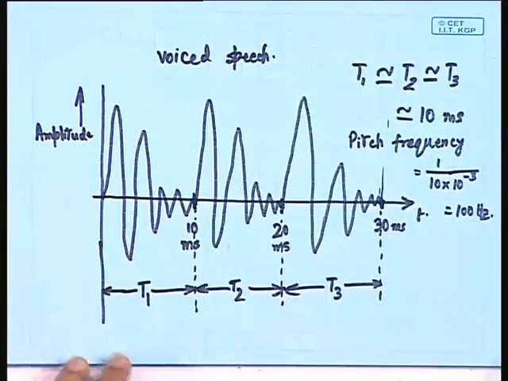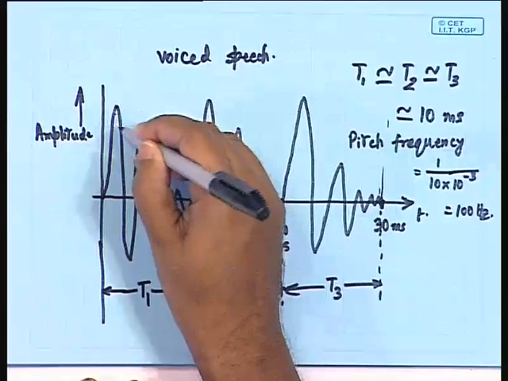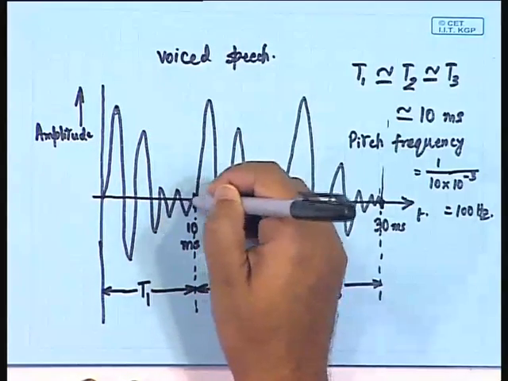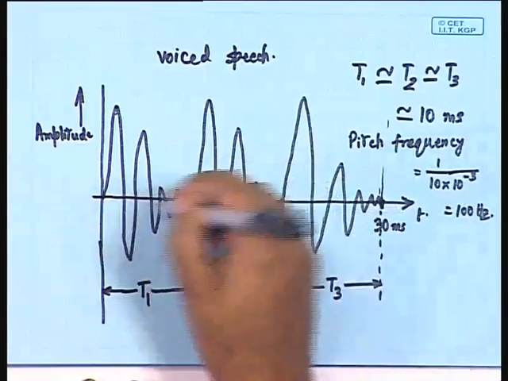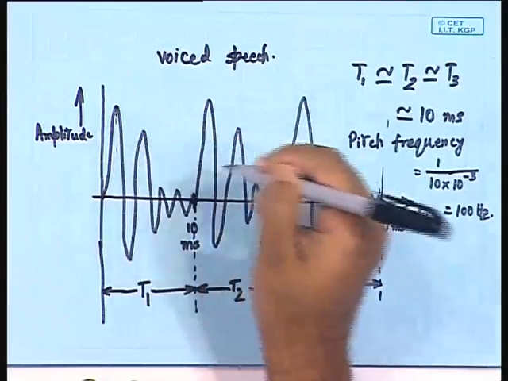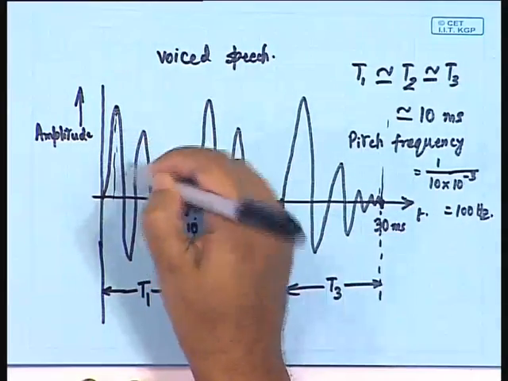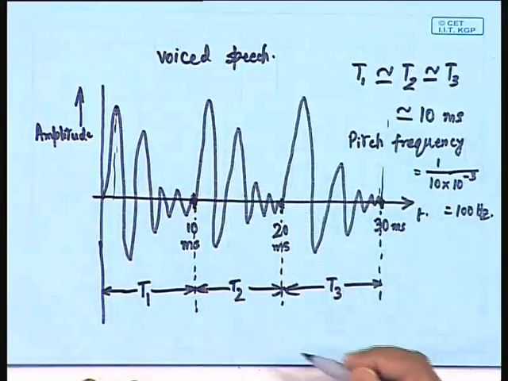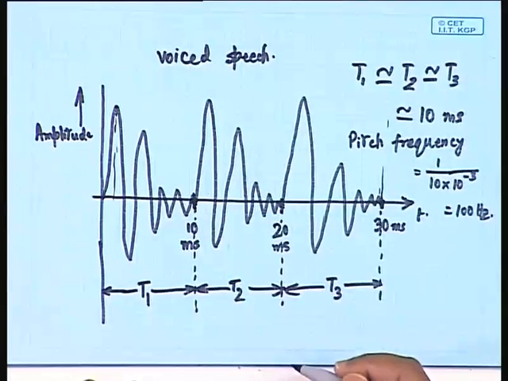Now, you may be observing that within this you have got 5 different peaks. If they are occurring almost at regular intervals, then what does it mean?